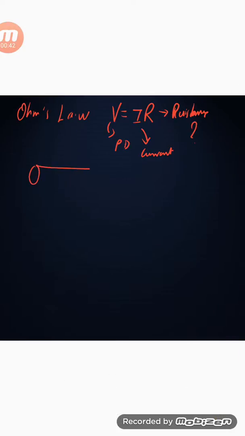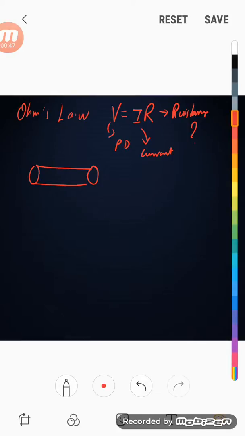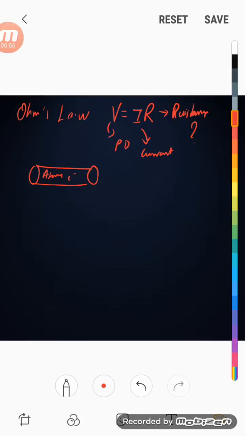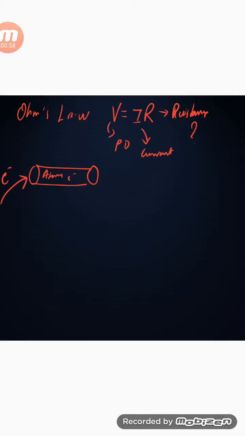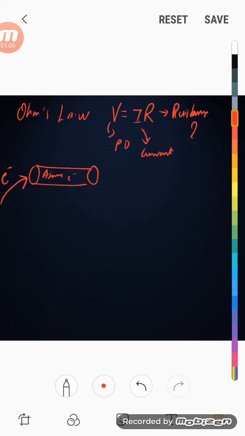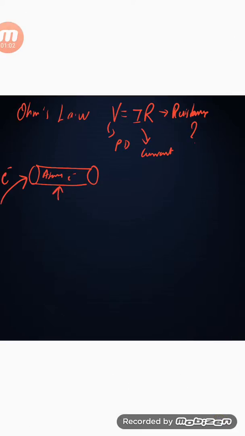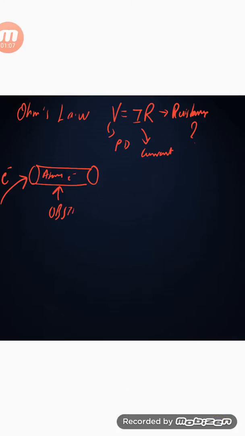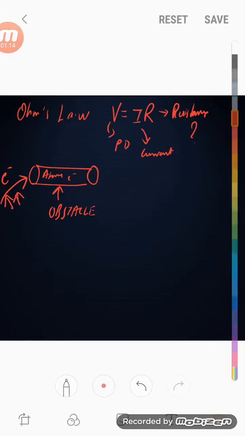Suppose this is a conductor, any metal. There are electrons in it, right? It's made up of atoms, there are electrons in it, and when the external electrons are flowing through it, these atoms and electrons cause an obstacle.